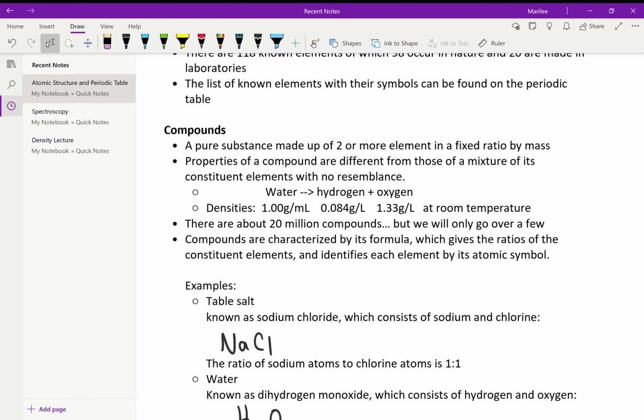If you look at the densities, water has a density of 1 gram per milliliter. And then hydrogen has a density of 0.084 grams per liter, and oxygen is 1.33 grams per liter. All of these are at room temperature.